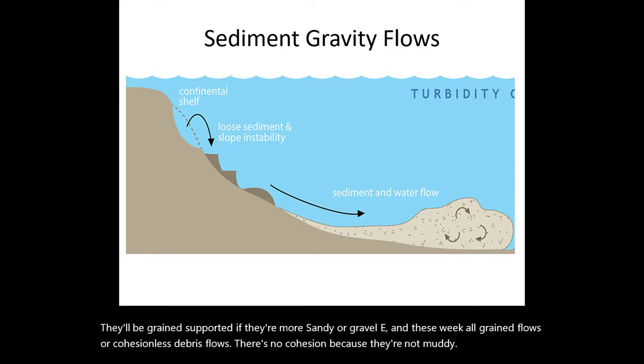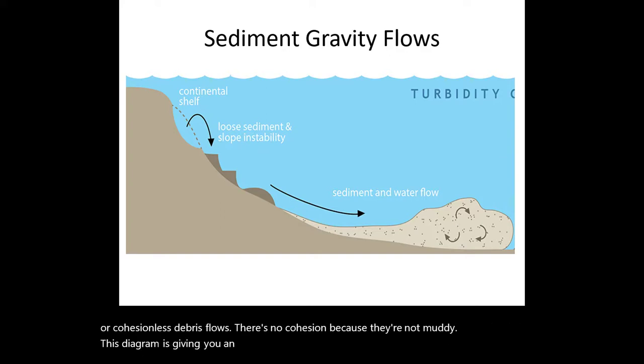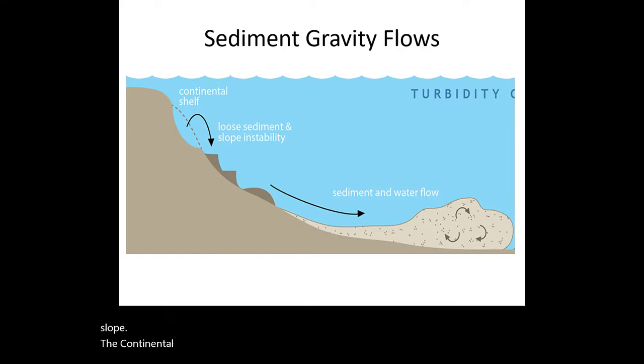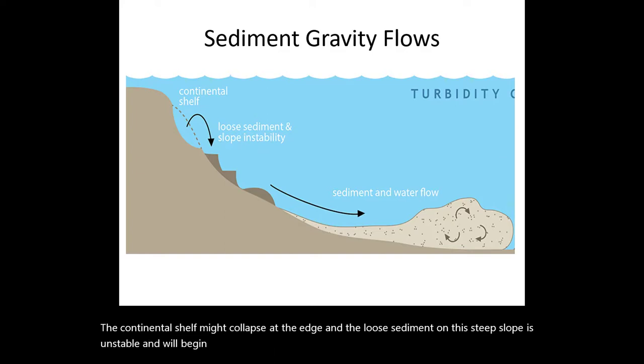This diagram is giving you an idea of how a sediment gravity flow might get started on the slope. The continental shelf might collapse at the edge, and the loose sediment on this steep slope is unstable and will begin to slump down the slope and can form a sediment and water flow.